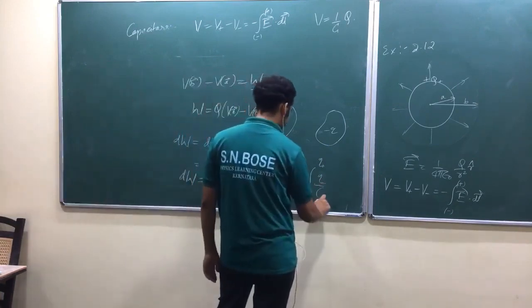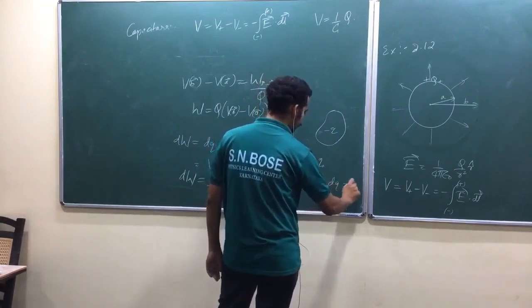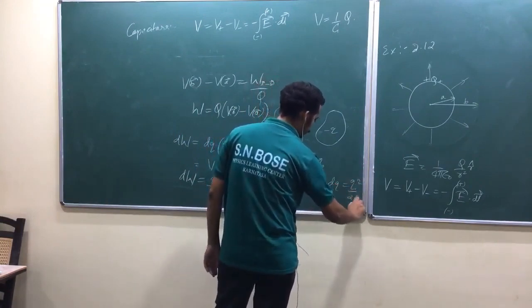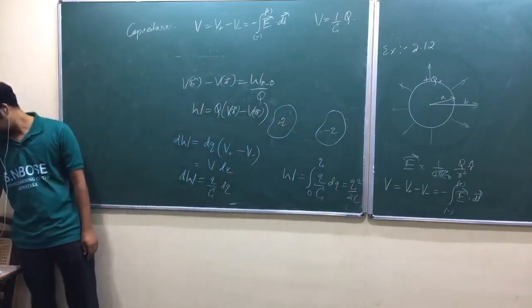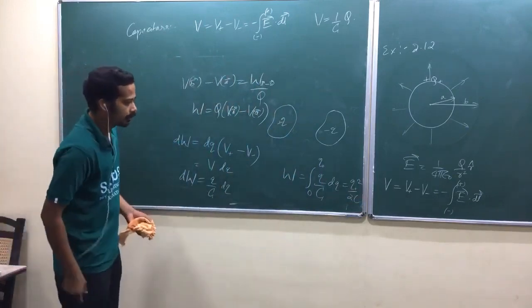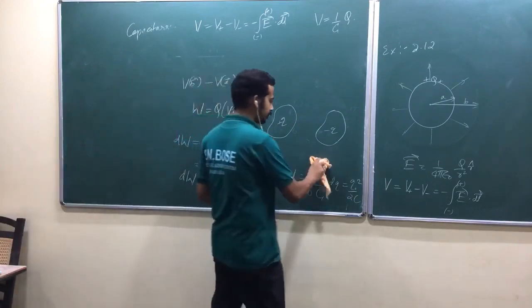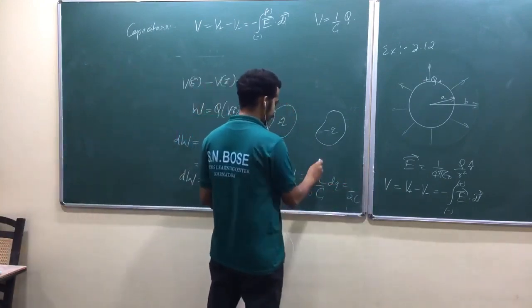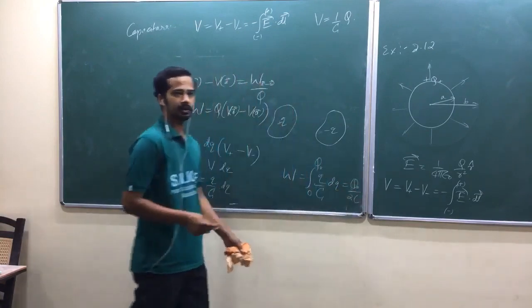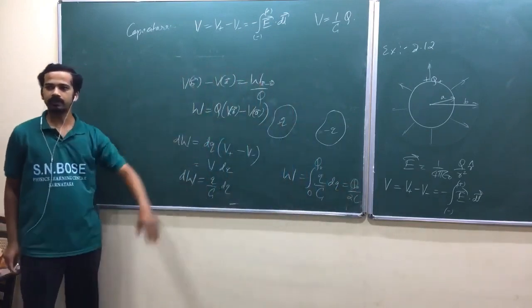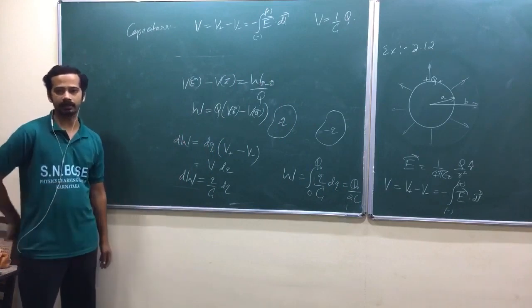So q by C into dq, what is that one? Q naught square by 2C. Write it as capital Q naught, because small q you have taken. Q naught is a constant, the final charge on the capacitor after complete charging.